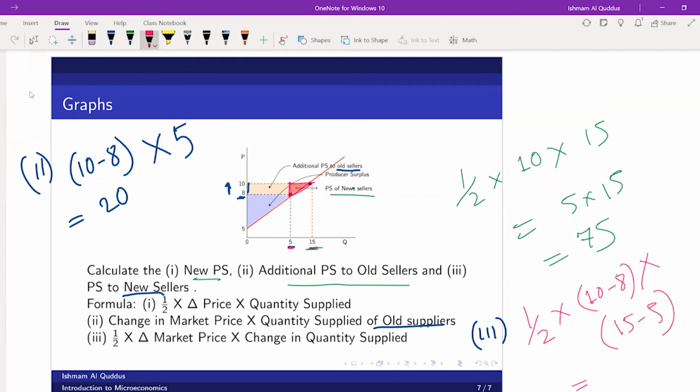So we are looking into this part only. So this is half multiplied by 2 multiplied by 10, which should be 10, right? So the producer surplus of new sellers is equal to 10.